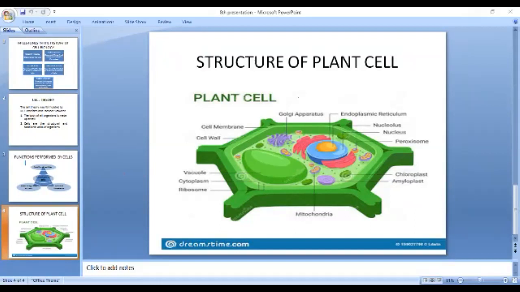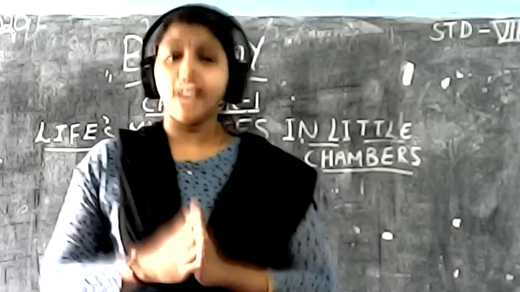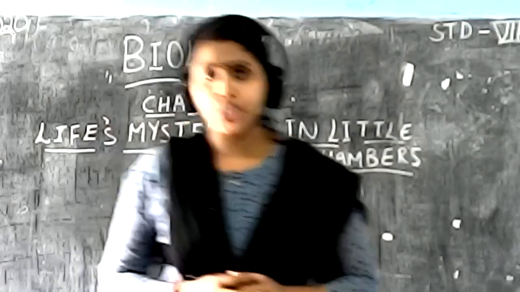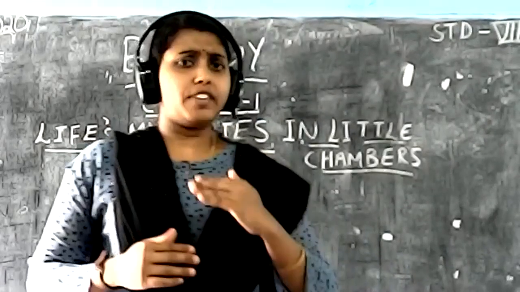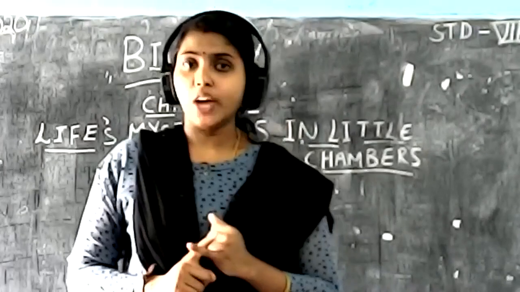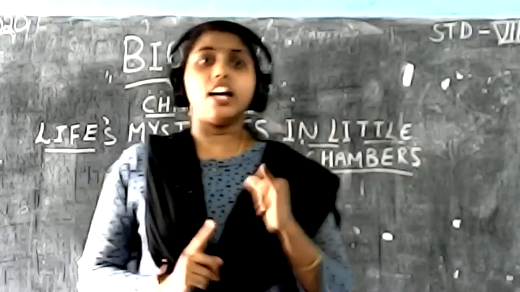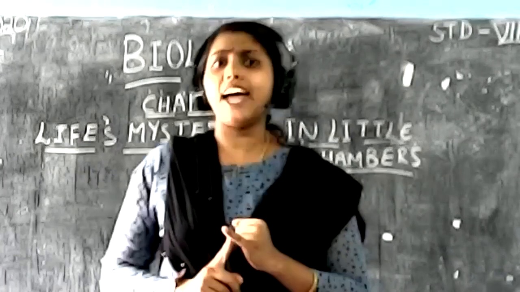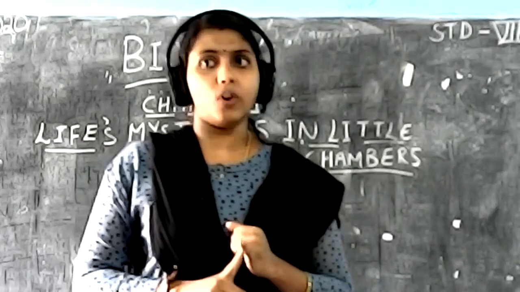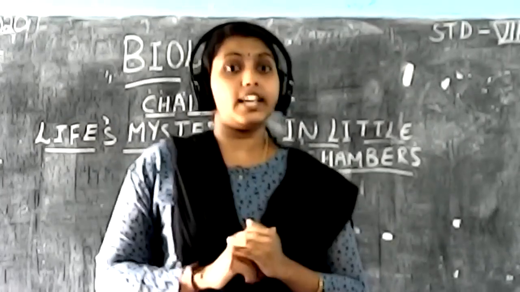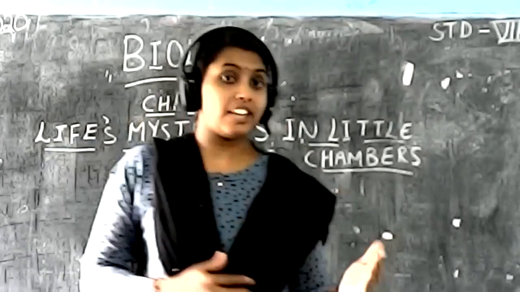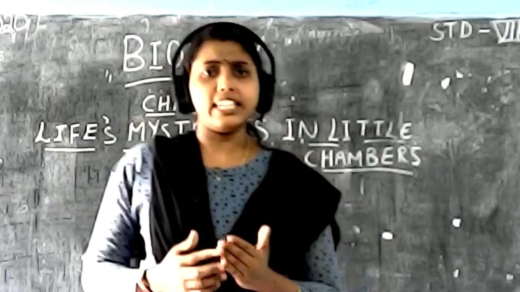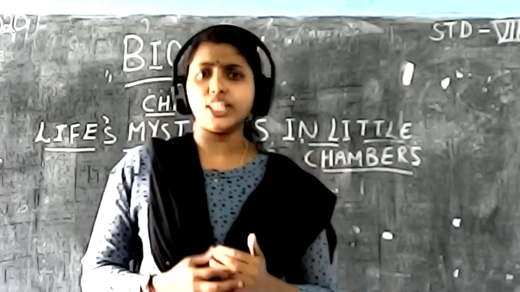More detailed explanation about the cell organelles and their functions, everything we can study in the next class. So once more I will tell you, in this chapter we have studied the parts and functions and different types of a microscope, the discovery of the cell, and Robert Hooke discovered the cell, and the other scientists who made discoveries related to the cell.